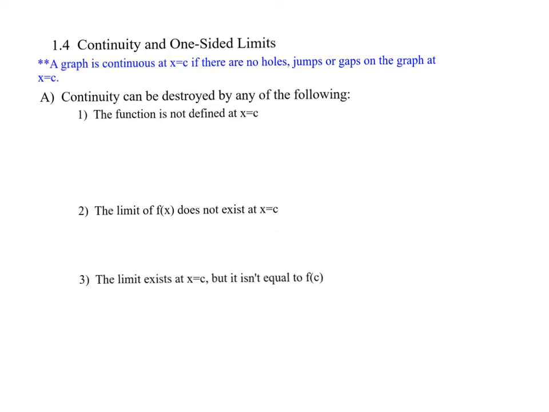So the first way in which continuity can be destroyed is if the function is not defined at x equals c. So we're going to draw a picture for each of these. I'm going to go ahead and make my axes here and then draw a graph for which at x equals c I don't have a function value. It's not defined. Let's say I've got my c value right here.